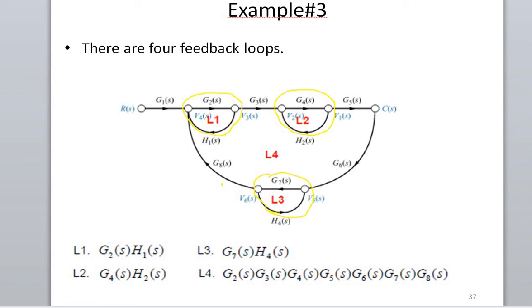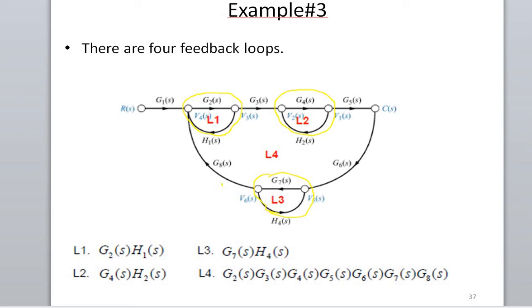Delta is the determinant or characteristic equation of the signal flow graph, and delta 1 is that part of delta which does not touch the first forward path.